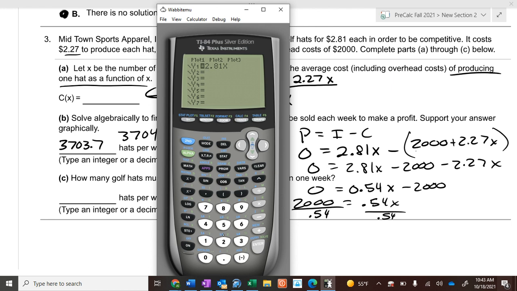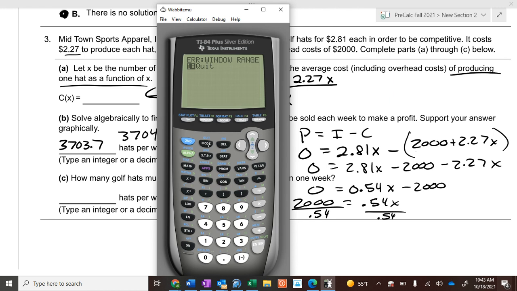And then the other graph is I have $2,000 plus a cost of 2.27 times every hat I produce. And now, if I make my window from 0 to 4,000 hats, and my cost is somewhere up to, my cost might be 10,000. So I'll go 0 to, let's just go 20,000.